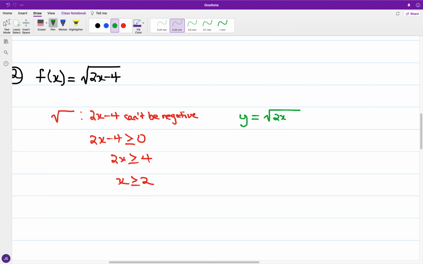All right. Now, for the case of y, say y is equal to the square root of 2x minus 4. Again, there's a rule, the principal square root rule, which states that the even roots of an expression cannot reduce to a negative constant.